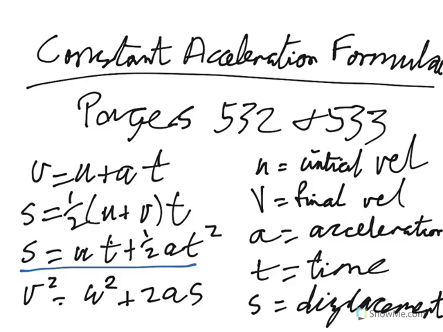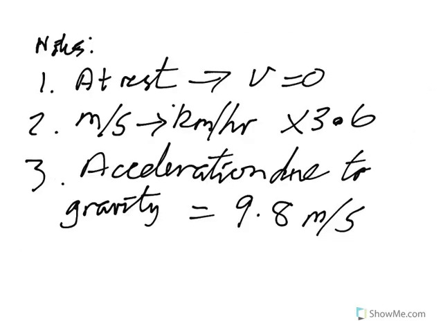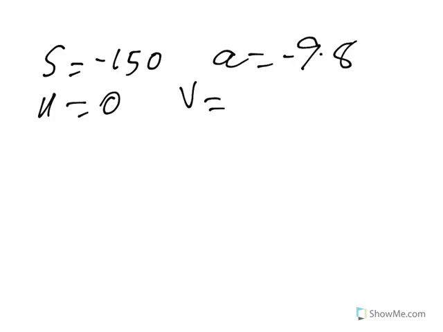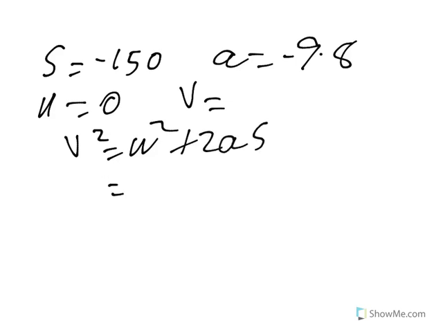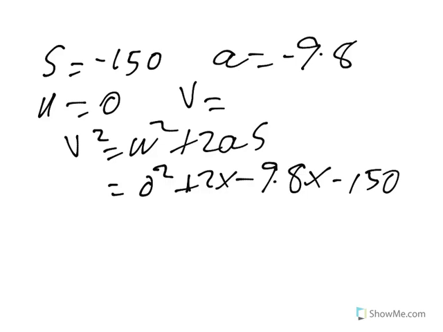The one that doesn't have time in it is this last one: v squared equals u squared plus 2as. So 0 squared plus 2 times negative 9.8 times negative 150.